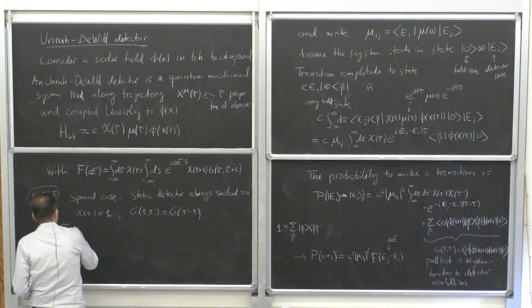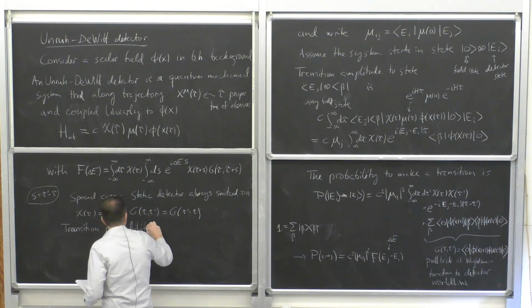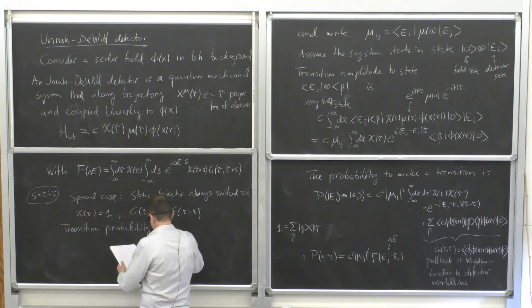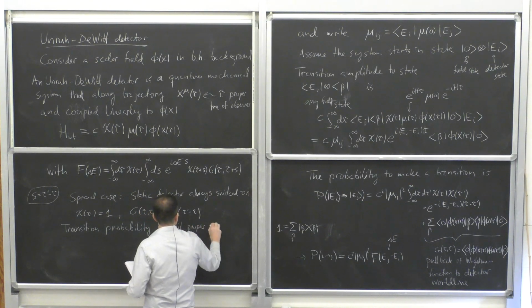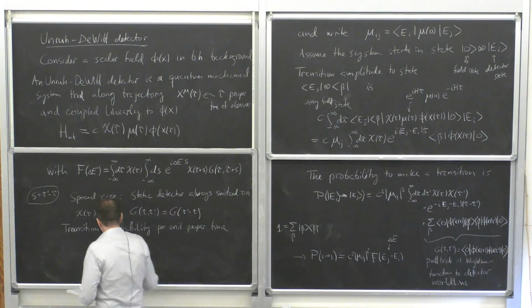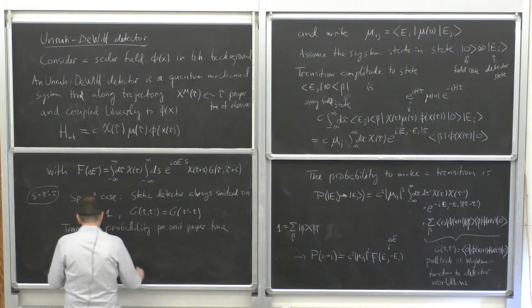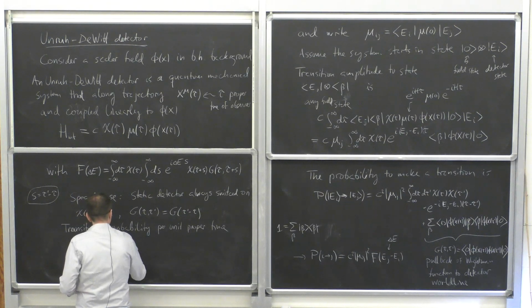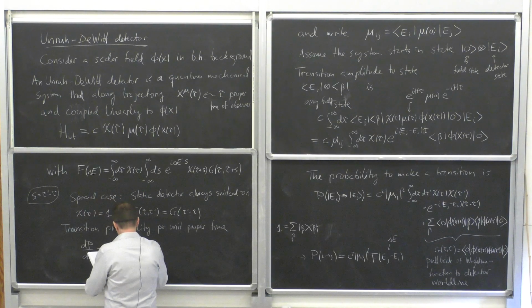And so let's consider then the transition probability per unit proper time. It is then going to be c squared, and the matrix element is of course sitting there. Then we need df d tau, sorry.